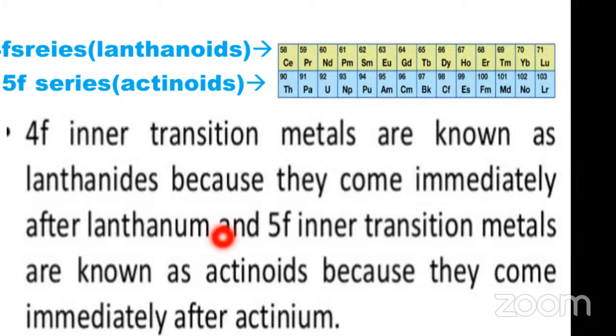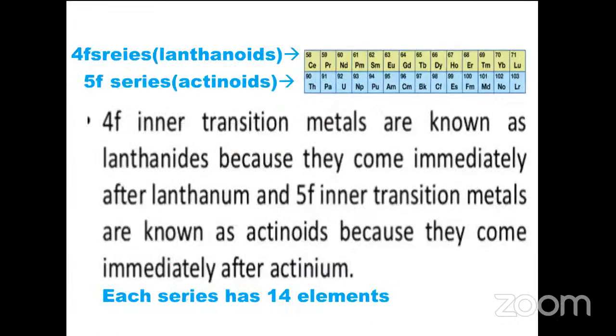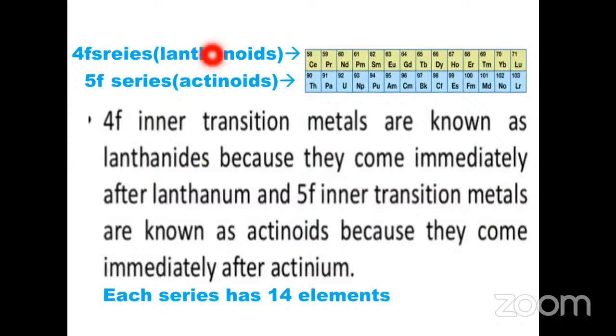Why are the 4f series elements called lanthanides and the 5f series elements called actinides? The 4f inner transition elements are known as lanthanides because they come immediately after lanthanum, and the 5f inner transition elements are known as actinides because they come immediately after actinium.